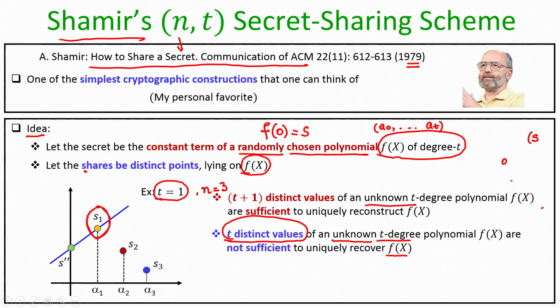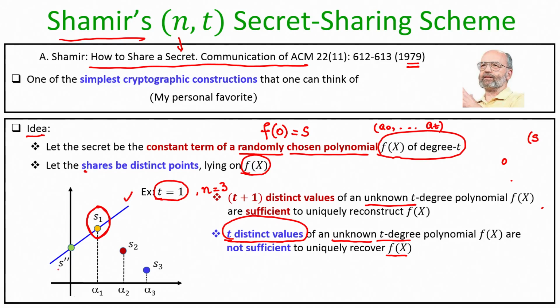Well, no, because it is possible that through the point alpha 1 comma S1, this blue straight line is actually the line which the dealer has selected. That means the dealer could have selected this blue straight line for sharing, and this line when evaluated at alpha 1 gives you the value S1, namely the point alpha 1 comma S1 lies on this straight line. That could be the case.